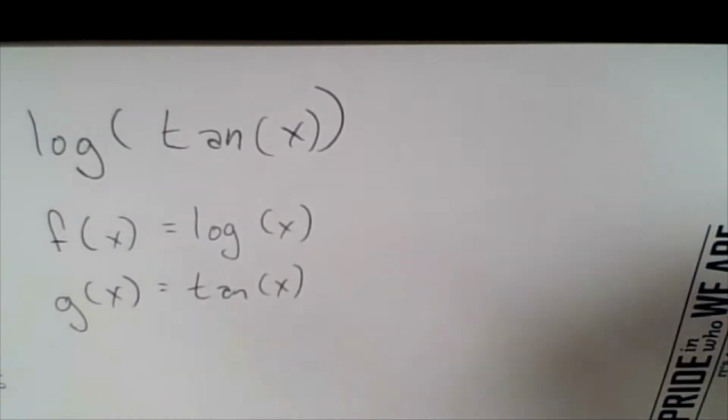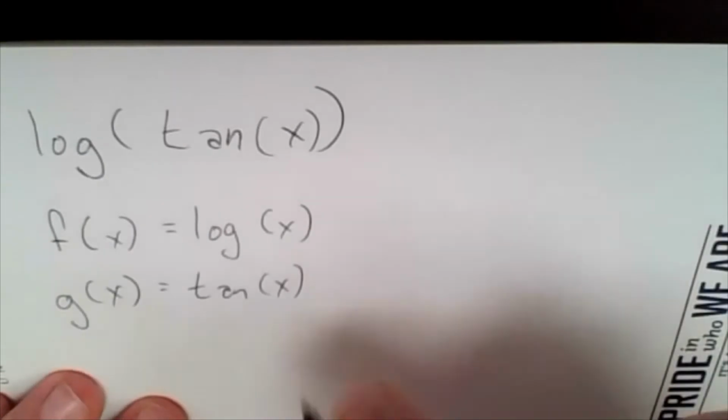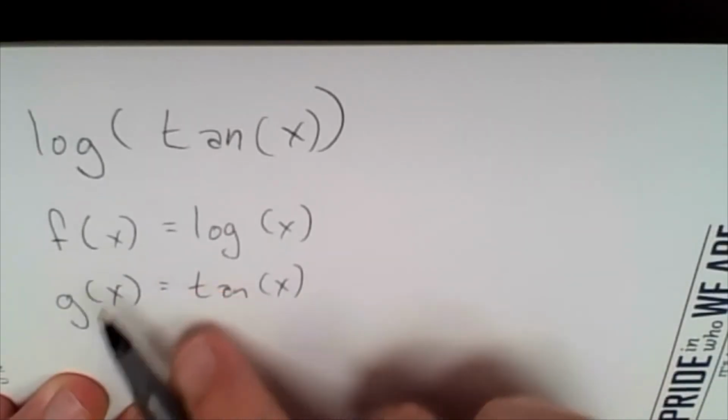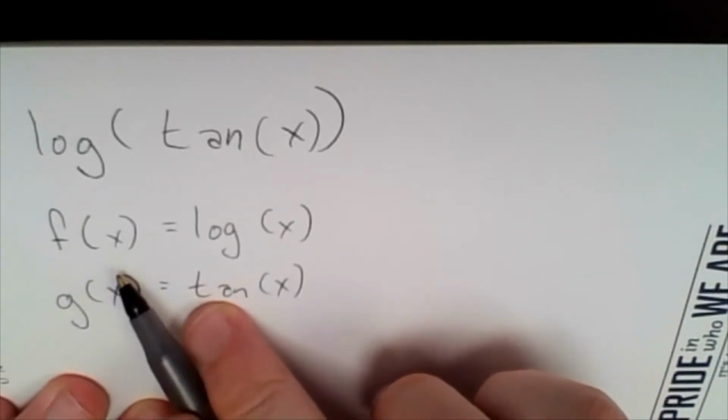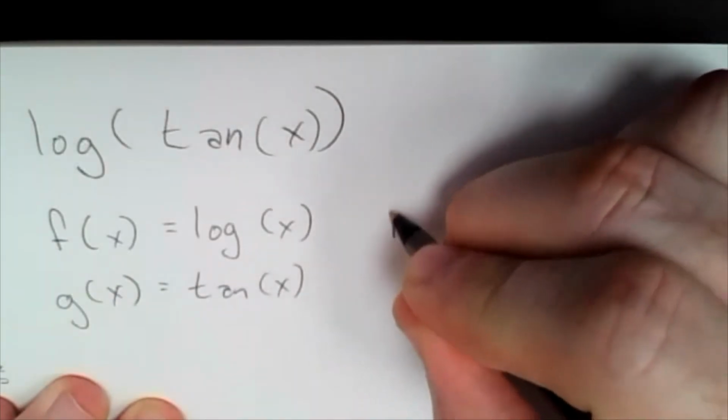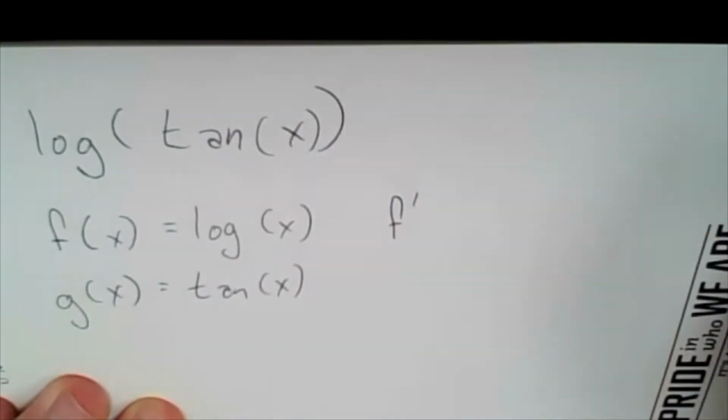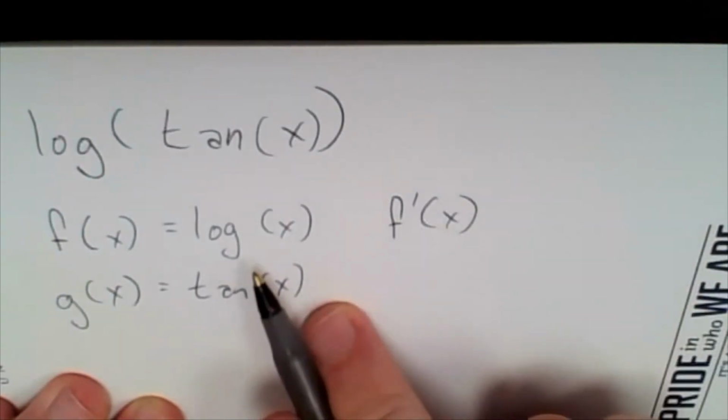The next set of notes I need to write for myself are the derivatives of both of these functions by themselves. So first up, I need to find what is f prime of x, what is the derivative of the common log, or the base 10 log.